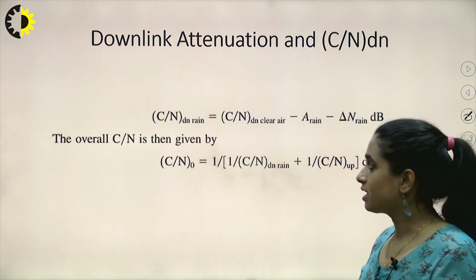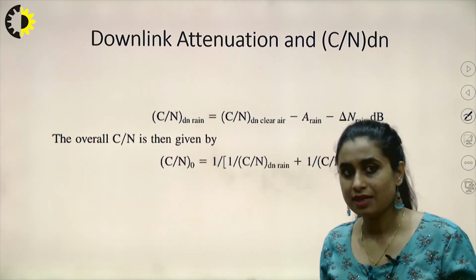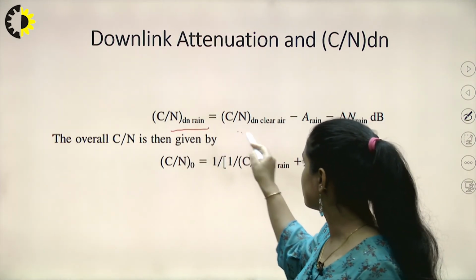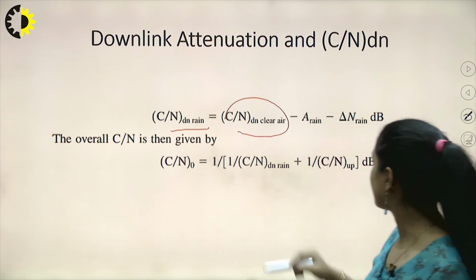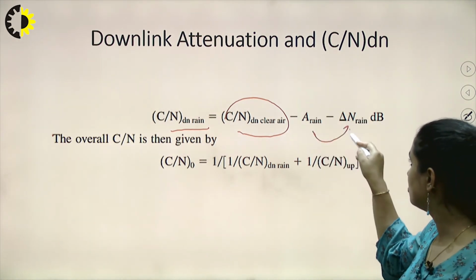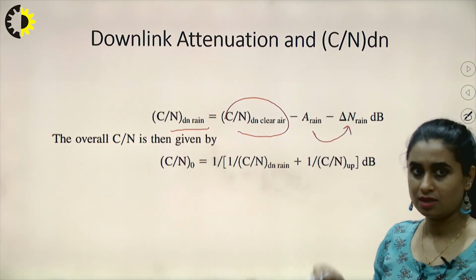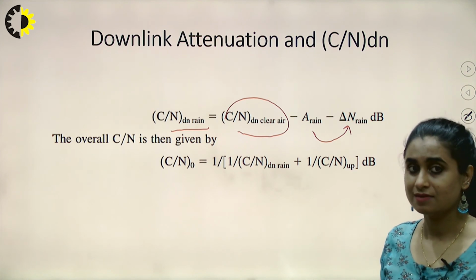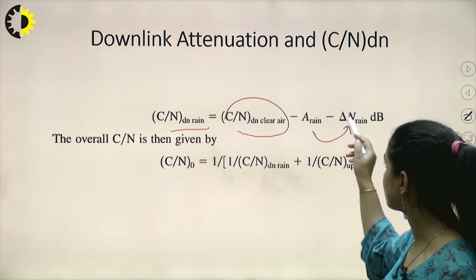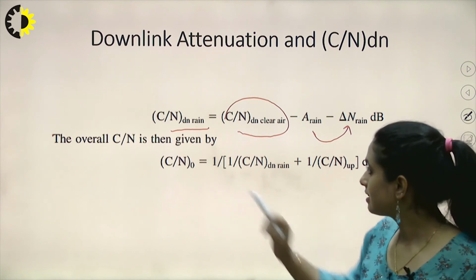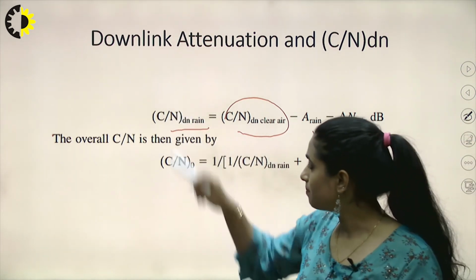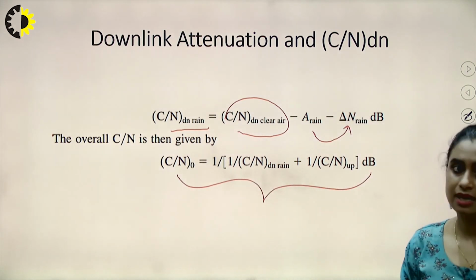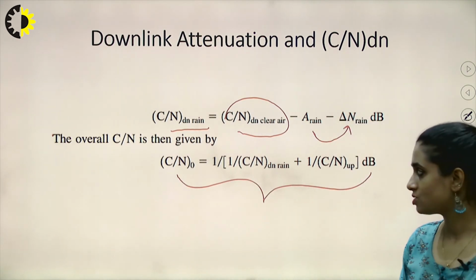Now suppose we consider rain in case of downlink. Then in case of downlink, the C2N with rain equals the clear air condition minus the rain attenuation, and noise because of the rain. Here we are considering the receiver noise as well, right, which can be calculated in terms of noise power. Now, considering the uplink and downlink, the overall C2N is expressed in this way.